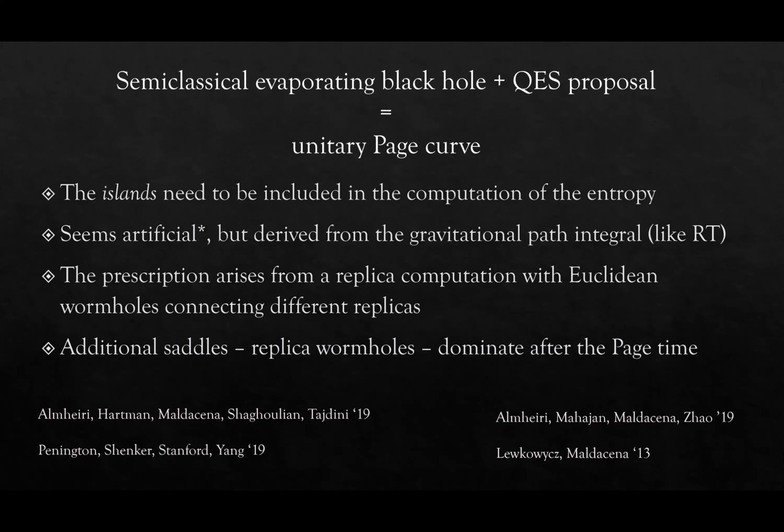And in these papers, it was shown that after some time, after you've included enough quantum effects into your system, or in other words, after Page time, these additional saddles start to dominate the path integral. And hence we have a jump of the extremal surface. We have a change. Like in the beginning, the minimal one was the empty one, and then we had to change into the quantum extremal surface gamma.